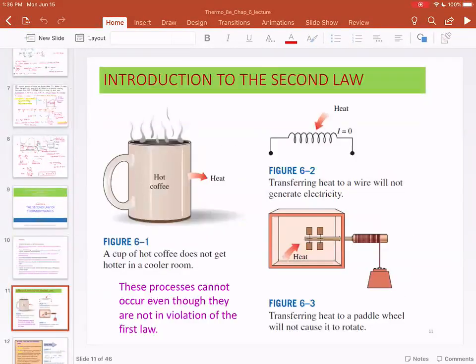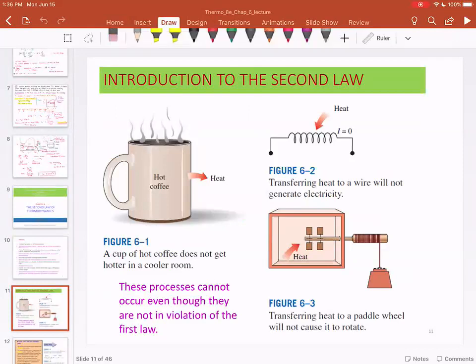So the basic premise of second law is to identify the direction and the quality of energy. So even though we know that heat and work are interchangeable, work is high grade and heat is low grade.